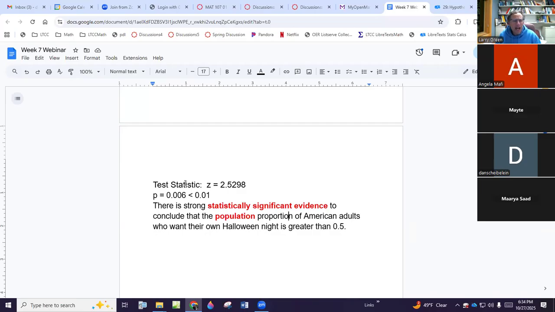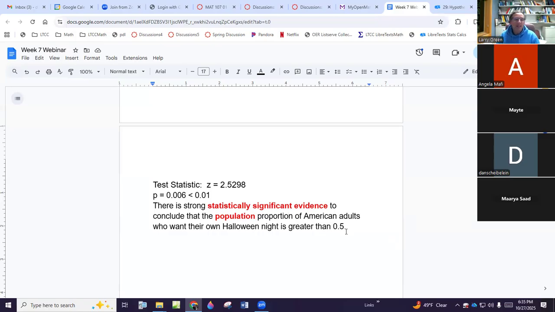Just a note, had we done a different study and got a p-value of, let's say, 0.37, then it would be real similar, but you wouldn't say there is strong statistically significant evidence. You would say there is statistically insignificant evidence to conclude, and you write everything else the same. You never say that you conclude the population is not greater than 0.5.